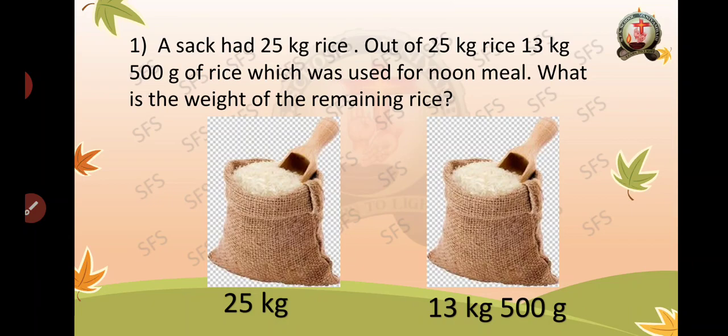Now they are asking you what is the remaining after cooking for the meal. They are asking you the remaining rice which is left over. So if we subtract, we can find out the remaining rice.